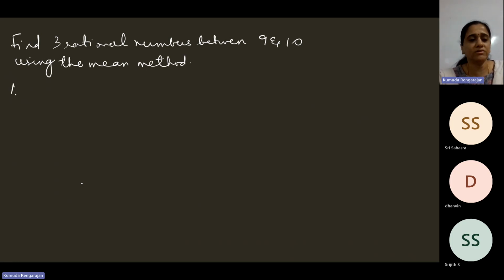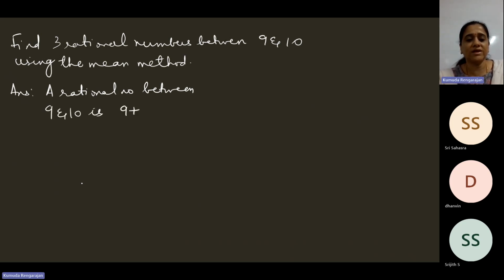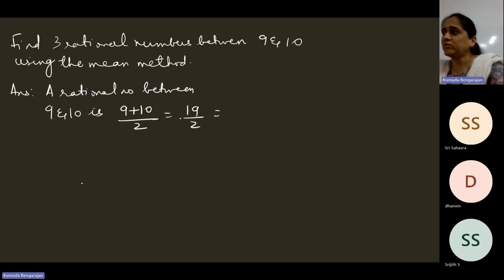So how do you do this? A rational number between 9 and 10 is 9 plus 10 divided by 2, which is 19 divided by 2. In the earlier one it was fractions, so you had to take the LCM.